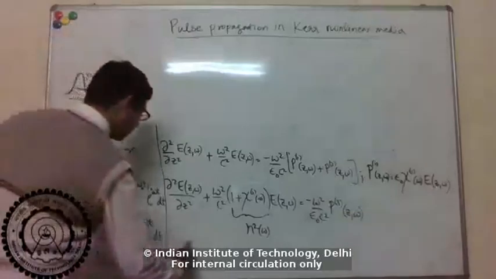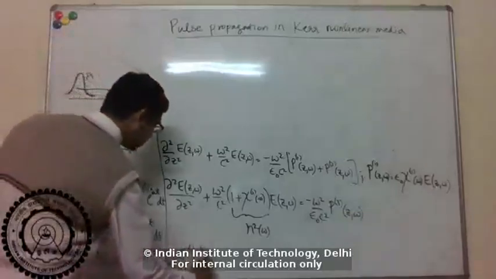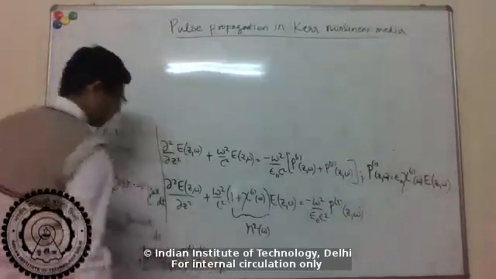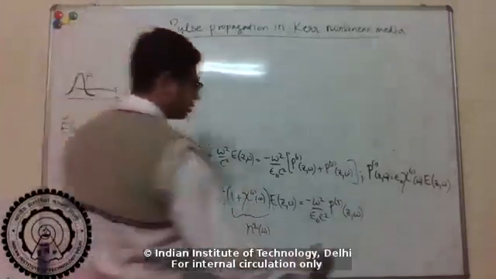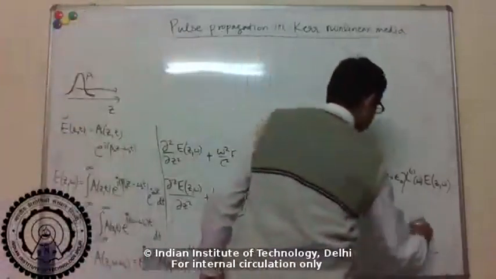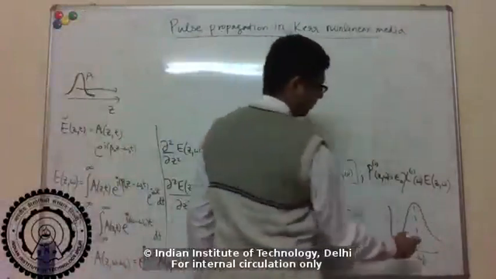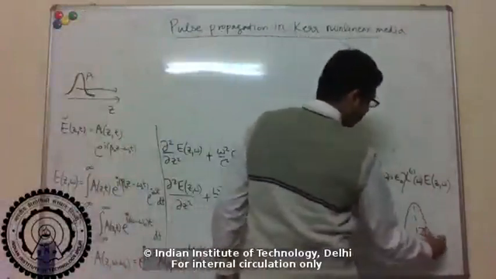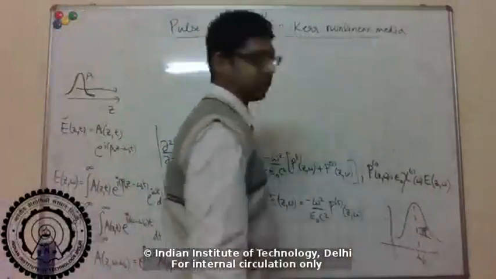So this capital omega is basically omega minus omega naught, which is the detuning from center, right? So for example, when we plot the spectrum of the pulse, the center frequency is some omega naught, and then we are looking at these detunings away from the center frequency, right?